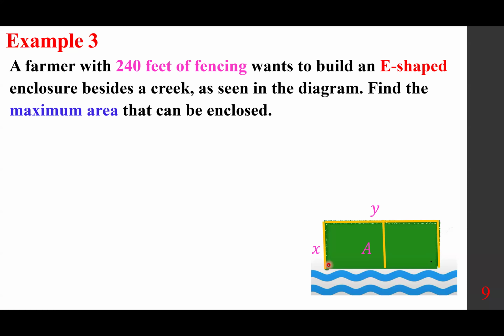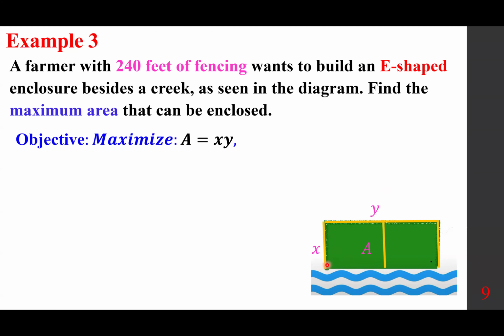So the width is x, the length is y. We want to maximize the area, which is the width times the length, or xy. And we have only 240 feet of fencing.